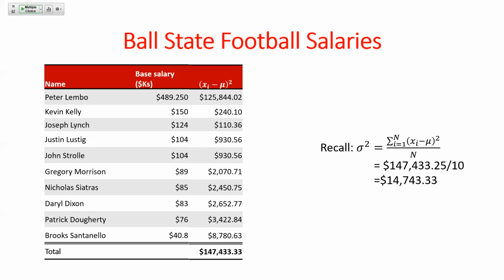But I can rewrite this and pull that 1 over 4 out in front of each observation. It's just something I can do mathematically, just a different way of visualizing.